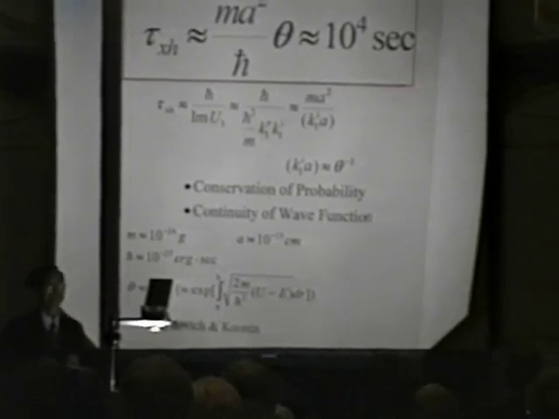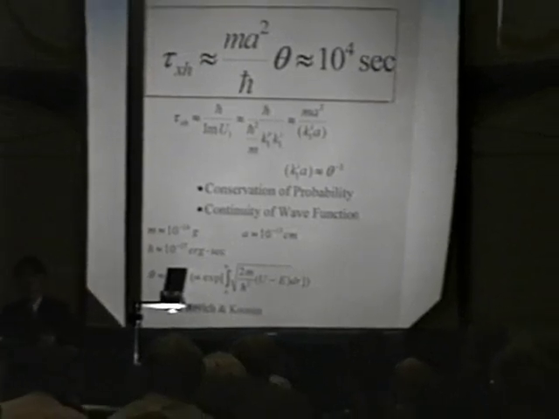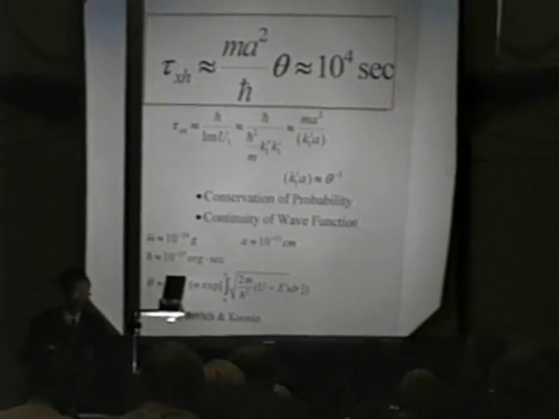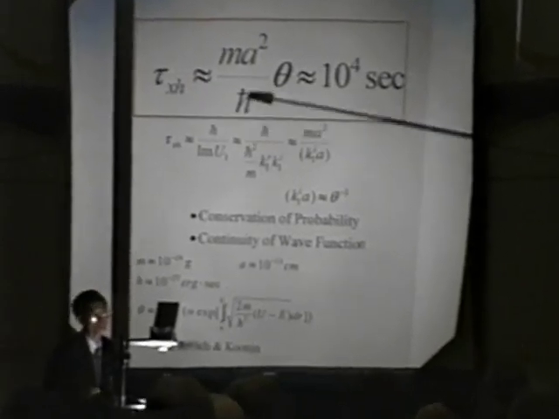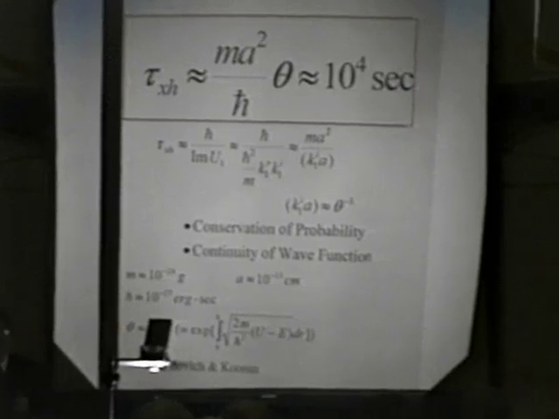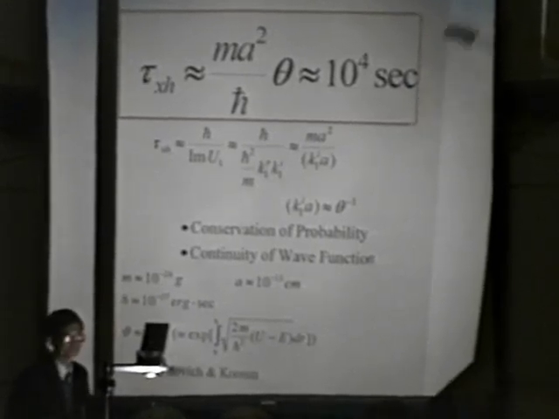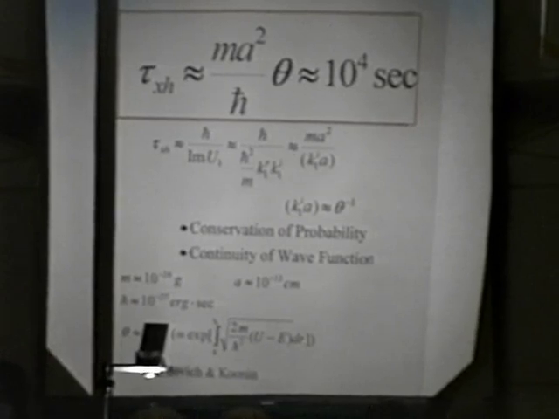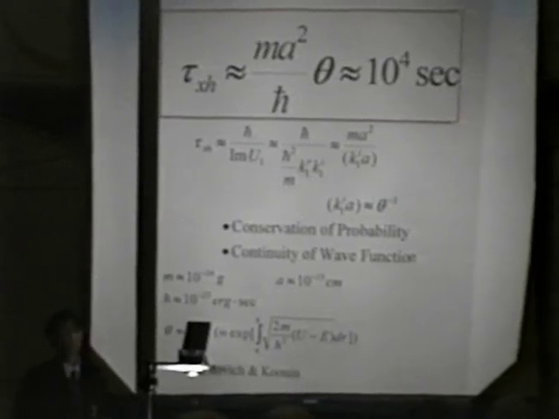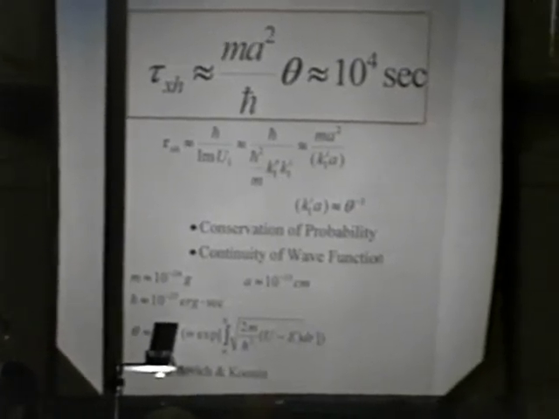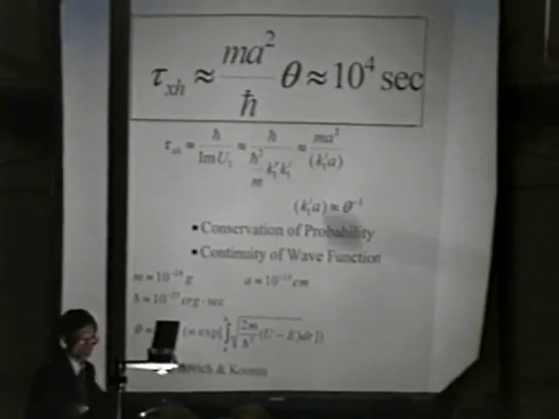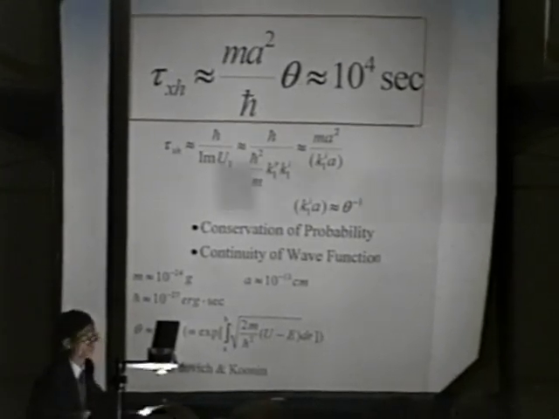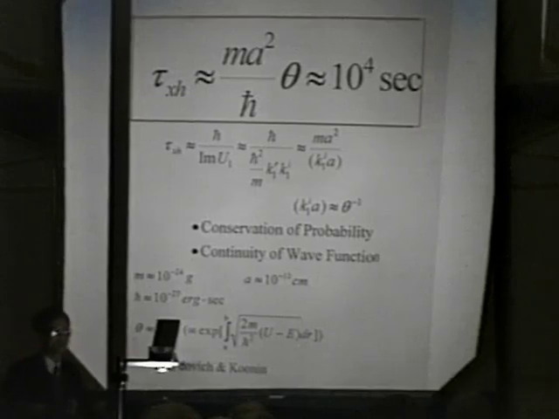In fact, Dr. David Thompson knows that when I wrote my first manuscript, I just derived this formula in a square well case without knowing this data. But now, my second manuscript extends this derivation to arbitrary potential configuration. So this is from first principles. And when we put all these numbers in, it's just about 10 to the 4th second.